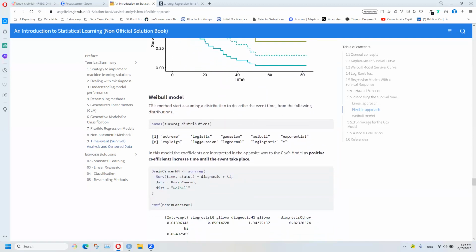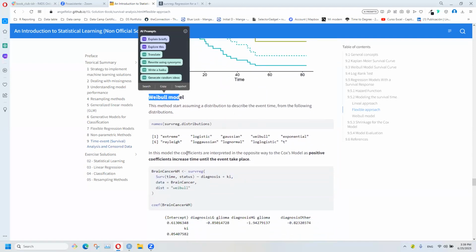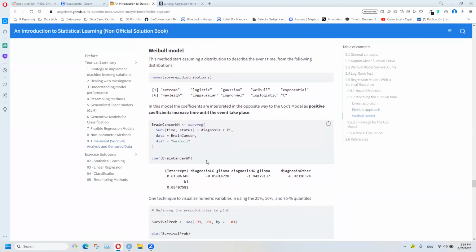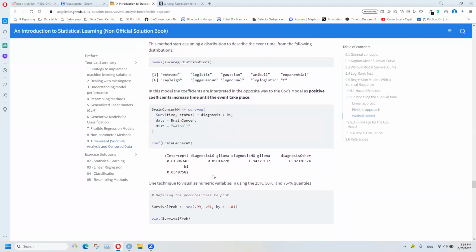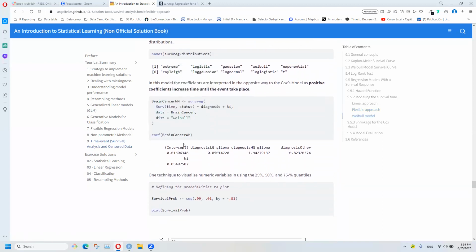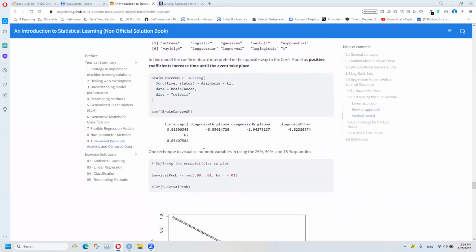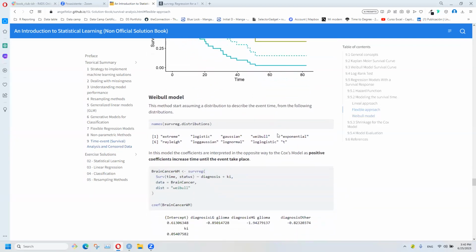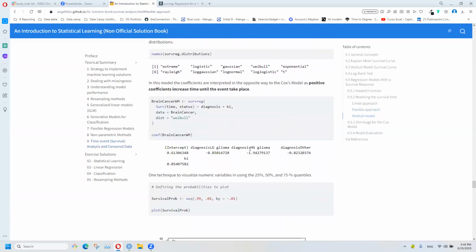If we want to use the Weibull model on the same data, we use survreg, and here we can see the coefficients. I didn't check if you have a summary table, but we can see that the glioma has a negative coefficient.